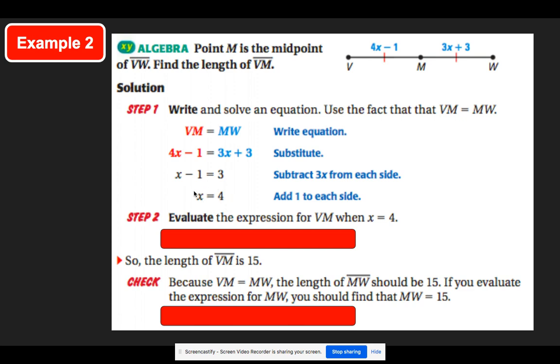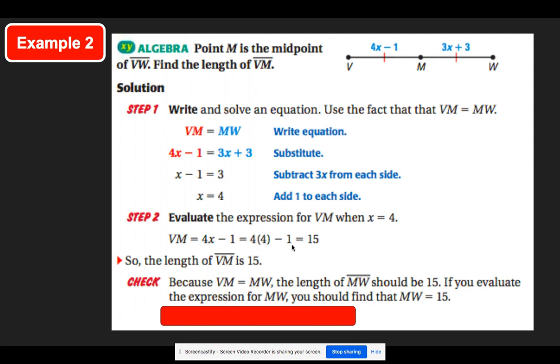This simply solves for x. I do not know the length of VM yet, but I do know that VM is 4 times x minus 1, so all I need to do is substitute. If VM is 4x minus 1 and x is 4, then VM is 4 times 4, which is 16, minus 1, which is 15.